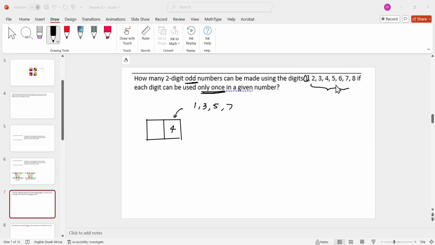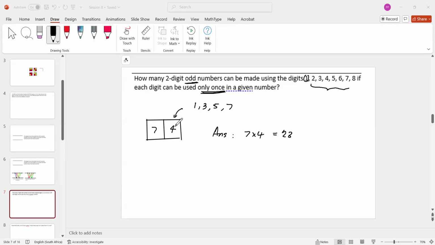The same thing, if I choose 3, the second choice can come from 7 numbers. So there are 7 ways of choosing this one, because you're not allowed to choose the one that you already chose. Therefore, the answer is 7 times 4, because that is the first counting principle.